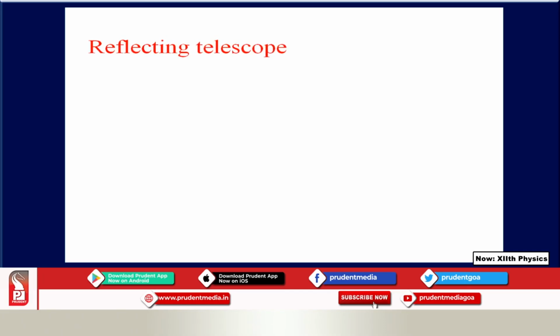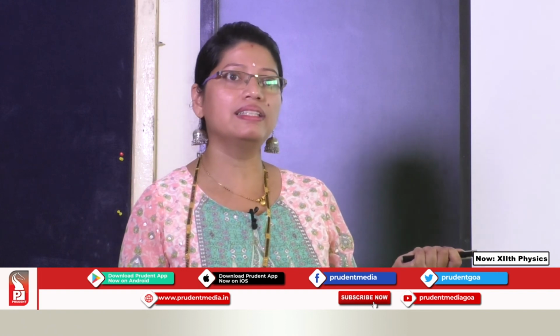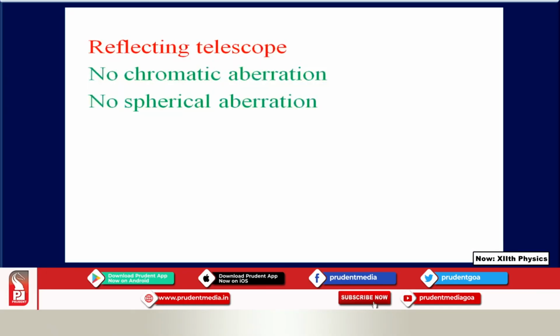So, we have another type, which is known as the reflecting telescope. There are many advantages. We use mirrors instead of lenses, and the advantage is that there is no chromatic aberration and no spherical aberration; they are free from it.